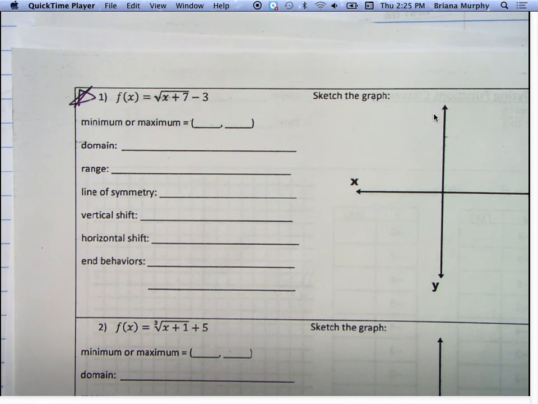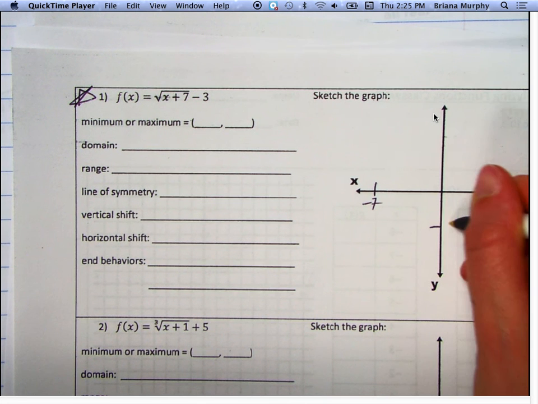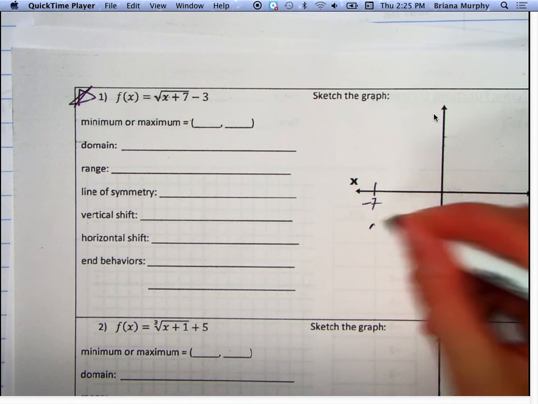Okay. So we have the square root of x plus 7, minus 3. We know we went to the left 7, down 3. You can put this in your calculator if you want. It's going like this.